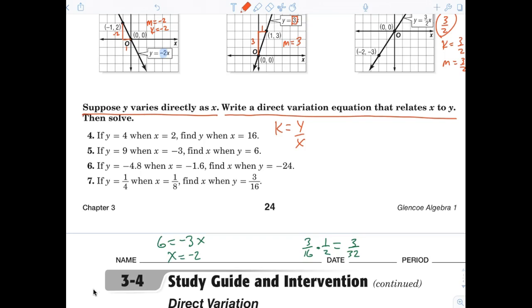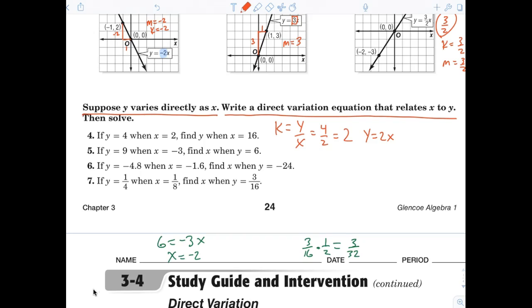K is obviously 2, right? So I want everybody to put 4 over 2, which is 2. Everybody happy with that? Now, it says write the equation. So the equation is obviously y equals 2x. Anybody have any questions with that? I'm agreeing with you, it's super easy.